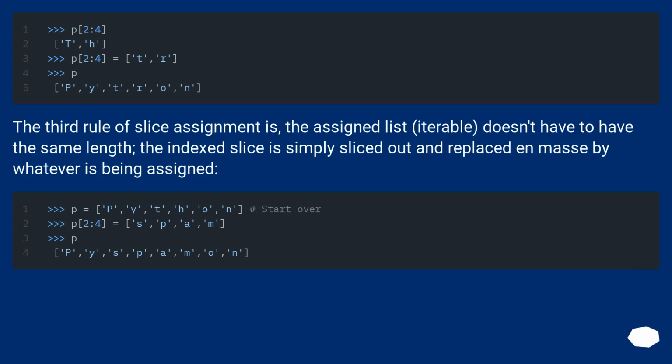The third rule of slice assignment is, the assigned list, iterable, doesn't have to have the same length. The indexed slice is simply sliced out and replaced en masse by whatever is being assigned.